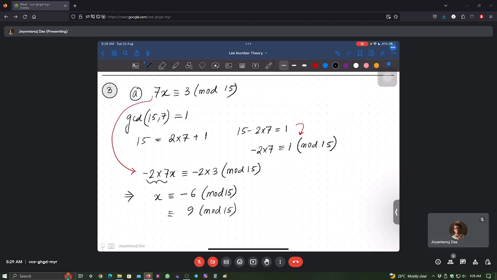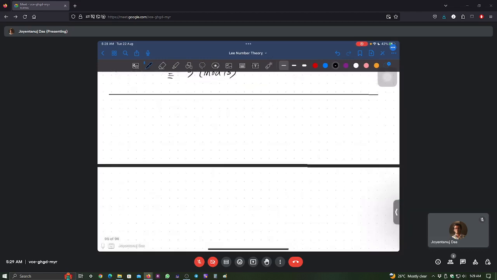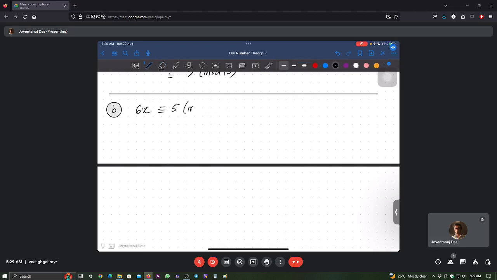Next is part B. 6x is congruent to 5 modulo 15. First of all, does it have a solution?